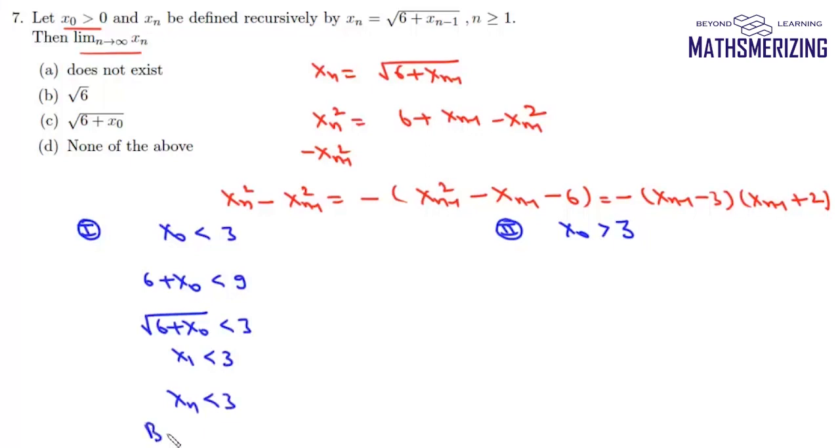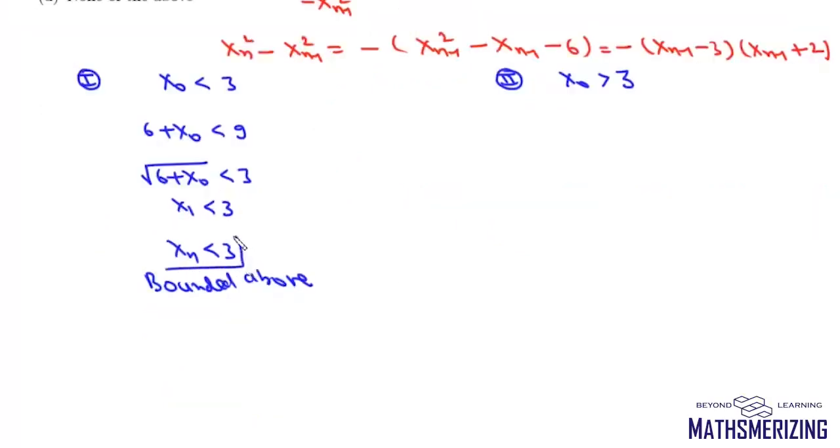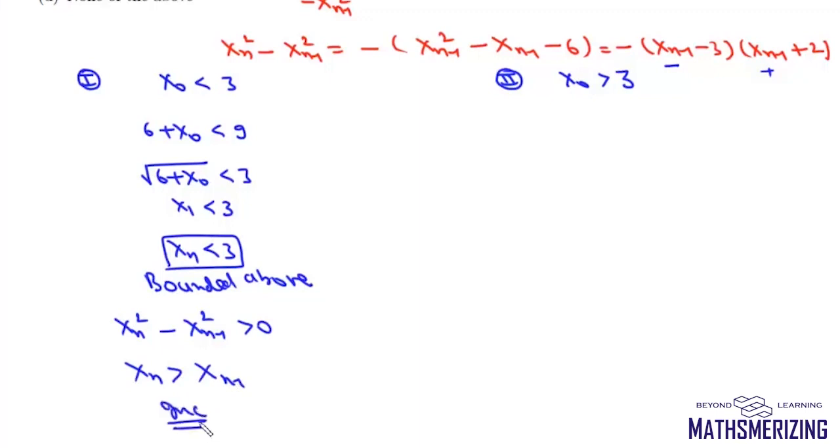Then in that case this sequence will be bounded above. Now if xn is less than 3, then this value will be negative, this value will be positive, and then we have this minus sign here, so it will be minus and minus, plus. So we can write xn square minus xn minus 1 square will be greater than 0, that is xn is greater than xn minus 1, that is the sequence is monotonic increasing.